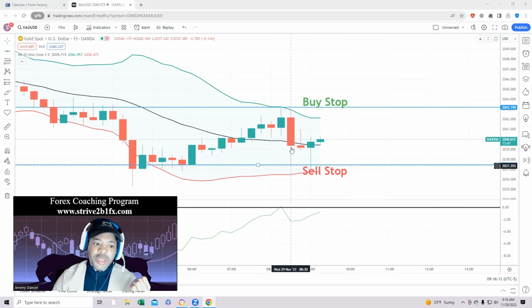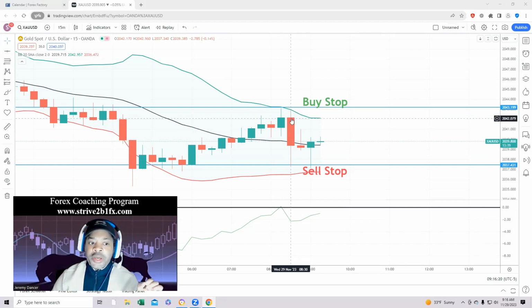So if we look here, we see that there is way more demand than there was supply, but the sellers were in control and that's why this candle was red. Now you can see here that the price dropped to a strong support zone, and for the moment, the buyers are in control of this area.